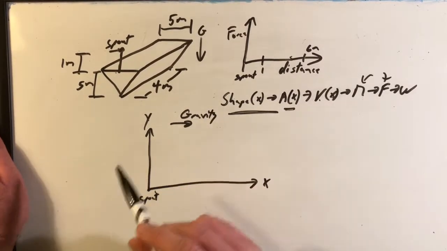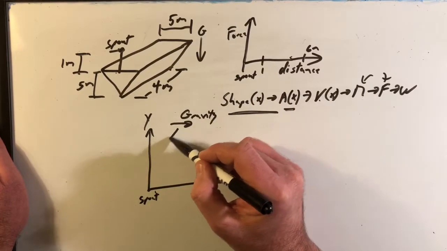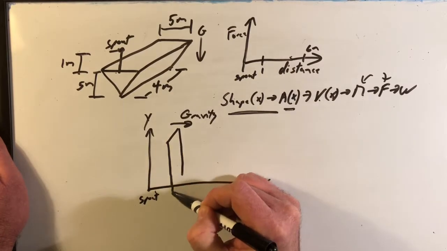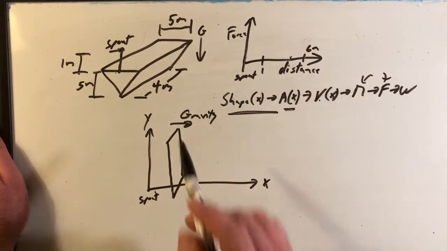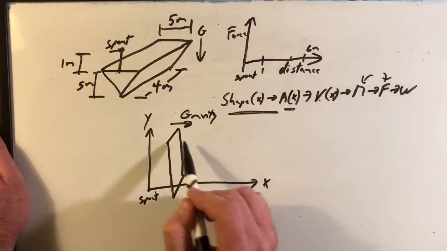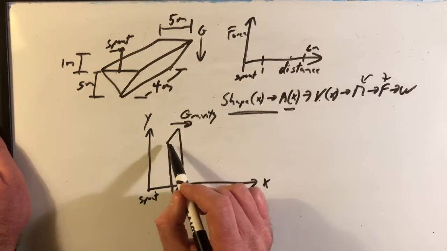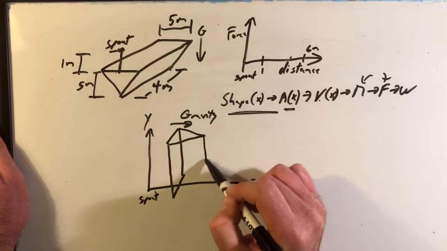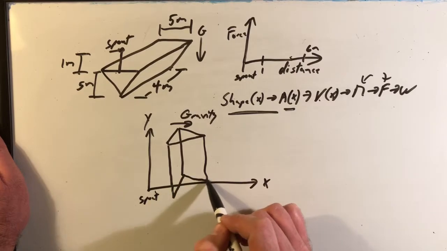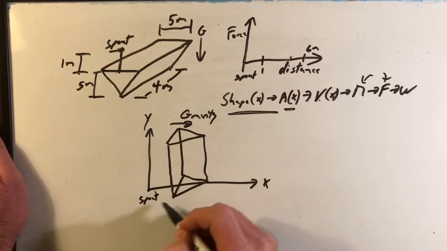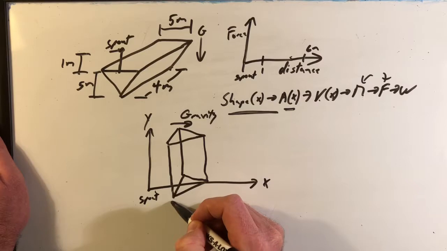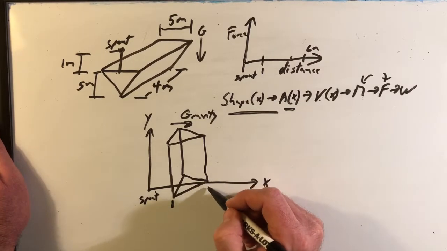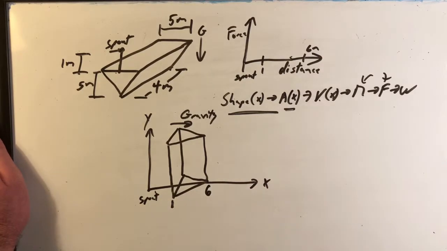Okay, well then we have essentially this first face here, which is a big rectangle, and that goes down to a point. This starts at x equals 1 and ends at x equals 6.